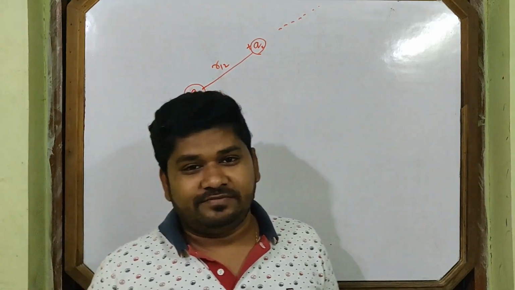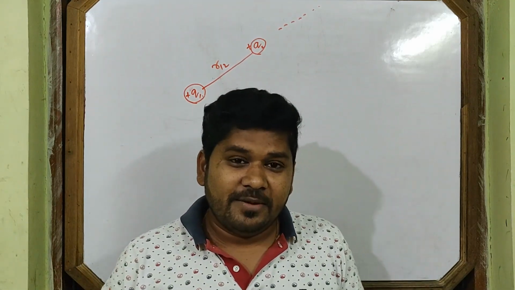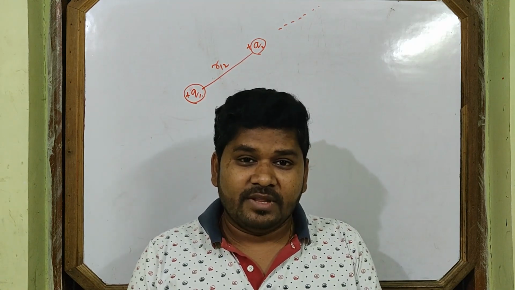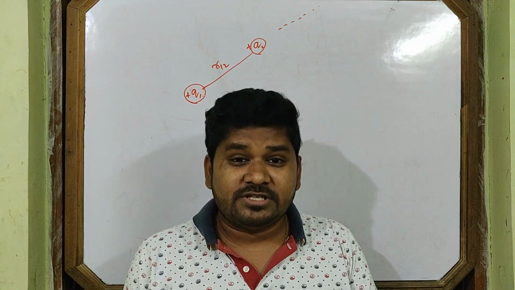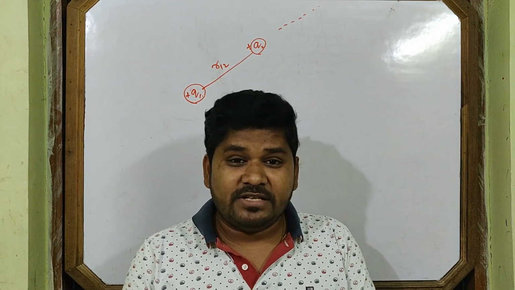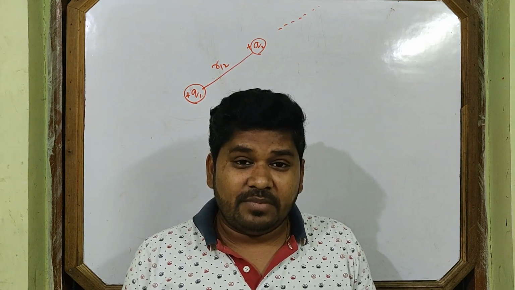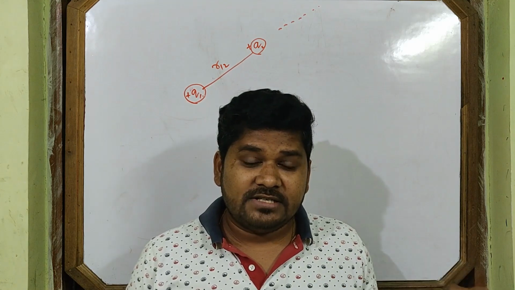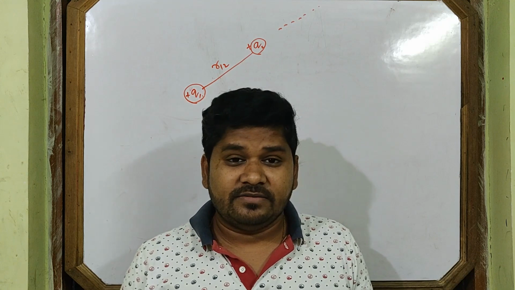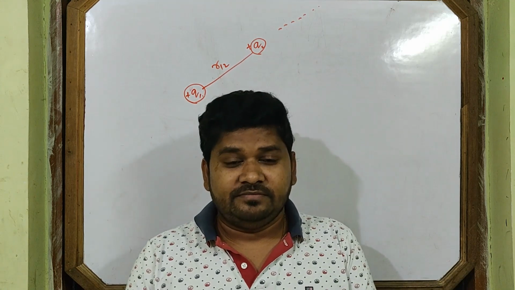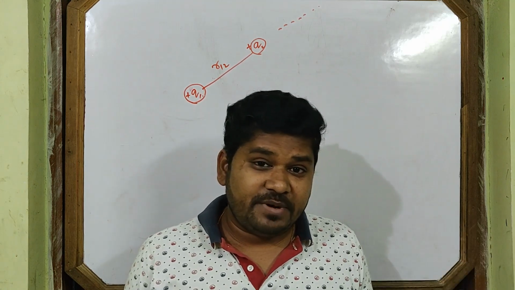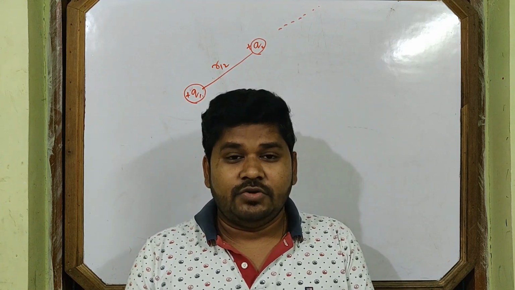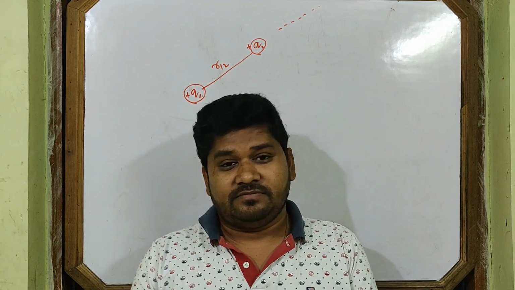Q1 and Q2. So whenever many charges are present nearby, then what is the potential energy of the system? What is the definition of potential energy then? It is the amount of work done to bring the charges from infinite, one charge at a time, to their respective positions to constitute the system.